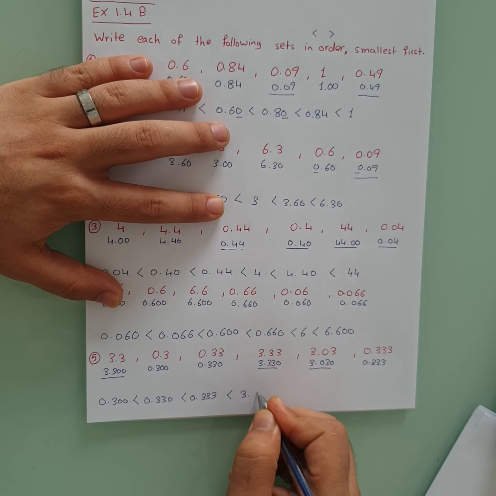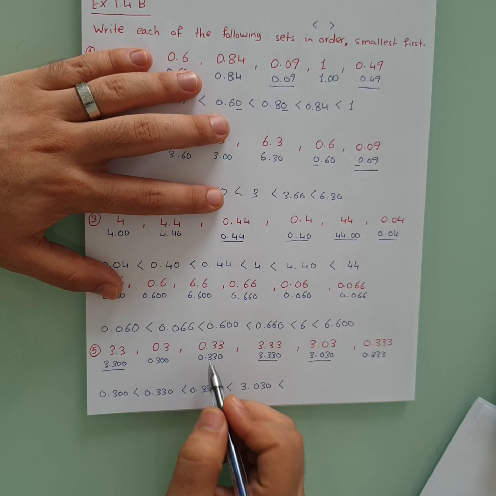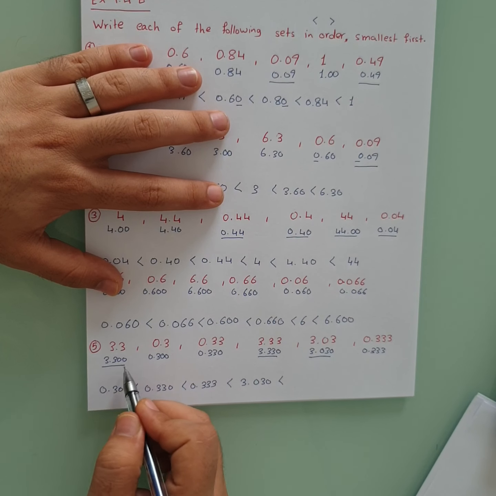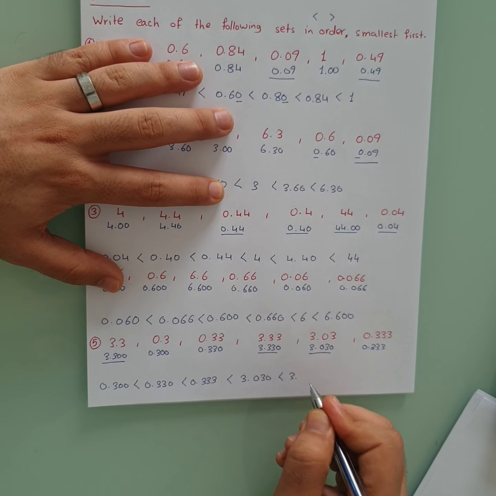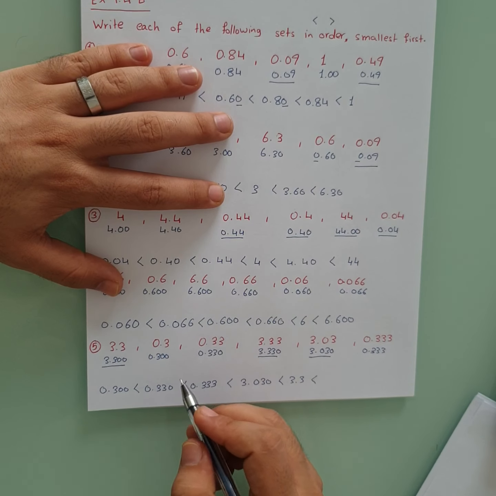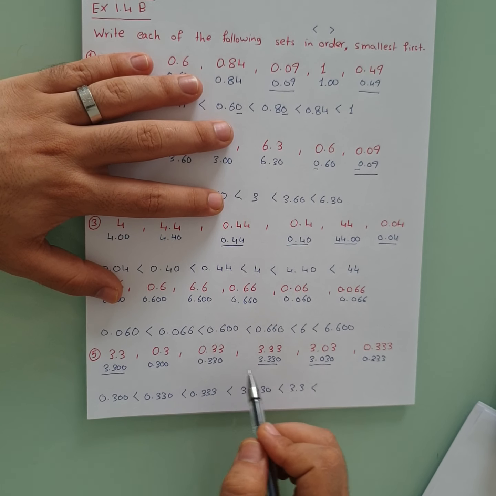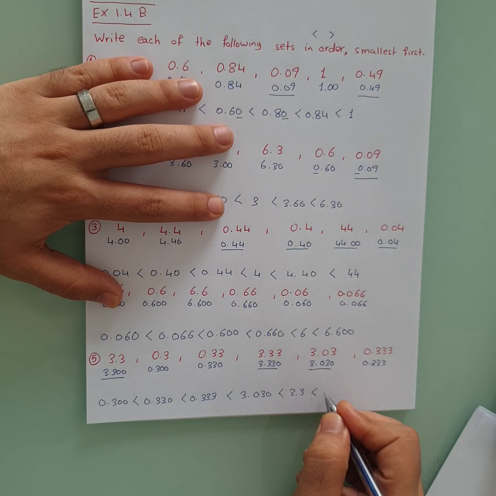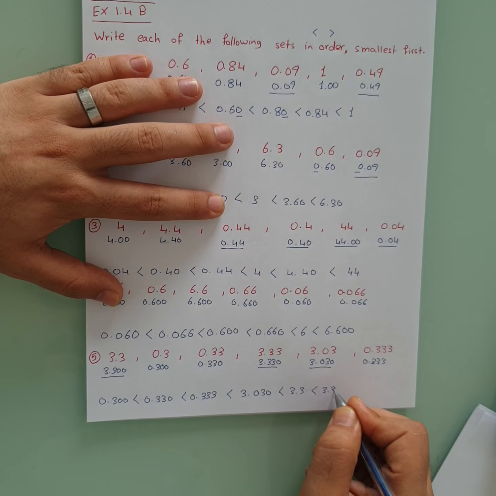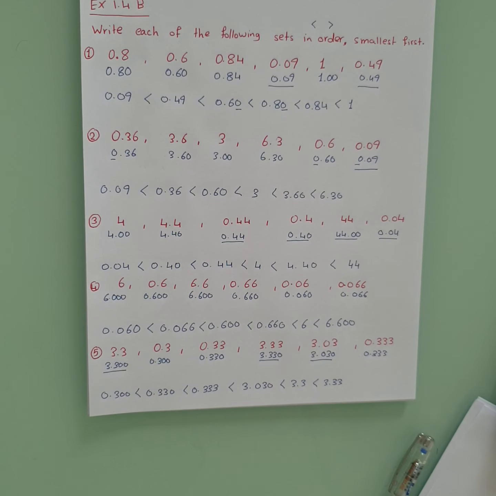Lower than, which one is lower, 330 or 300? 300 is lower, so it is 3.300 or 3.3. Lower than the last one, we have here 330, so 3.33. Okay, that's how we solve such questions.